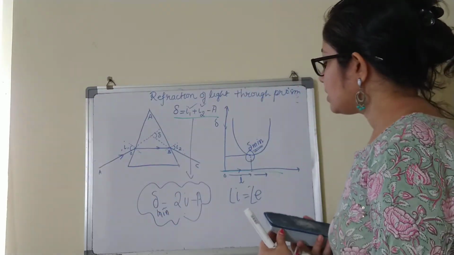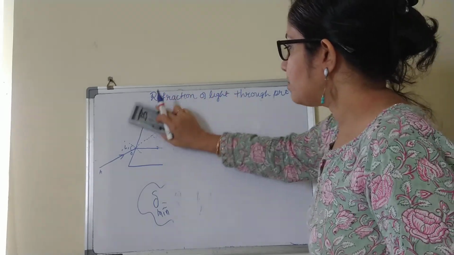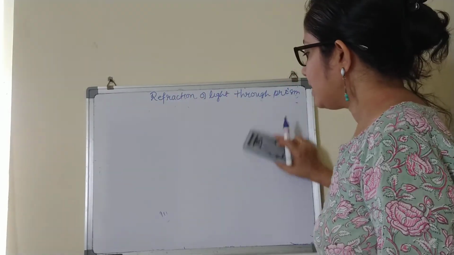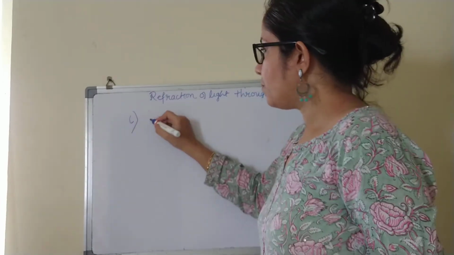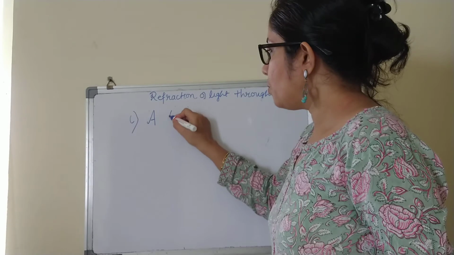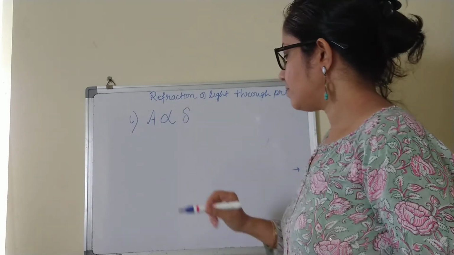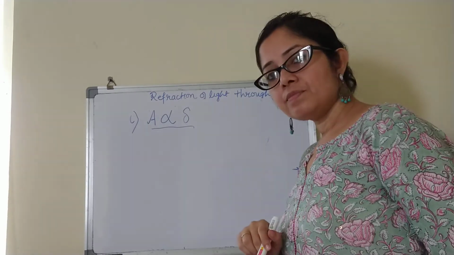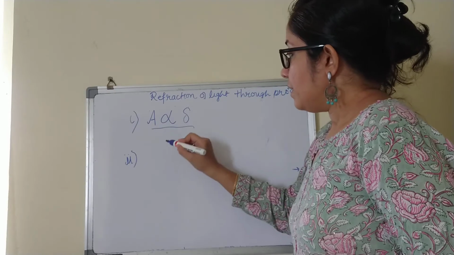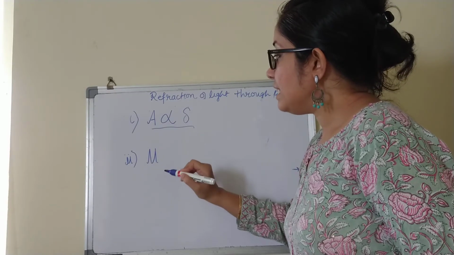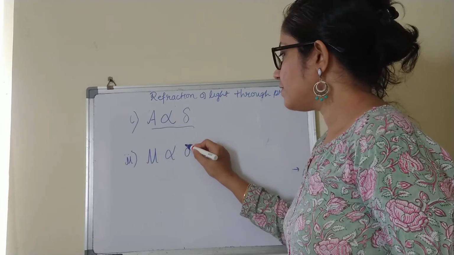Now this deviation, as it depends on the angle of incidence, has also been found from experiment to depend upon the angle of prism. Number 1: more the angle of prism, more will be the deviation, directly proportional. Number 2: the more the refractive index of the prism, the more will be the deviation.